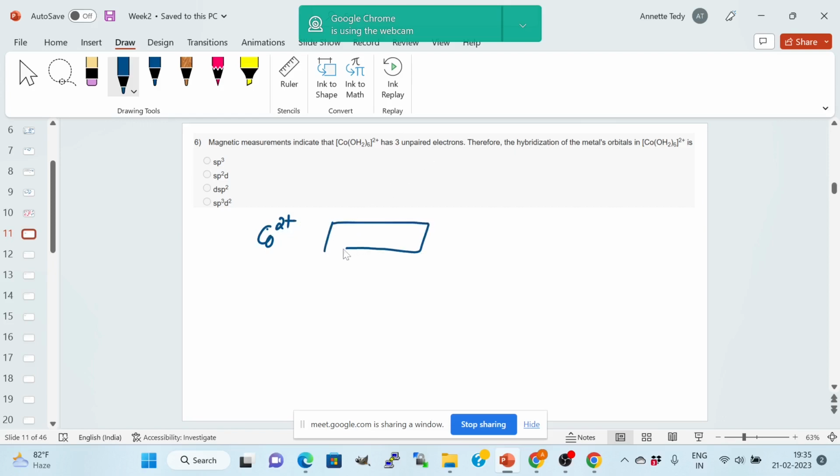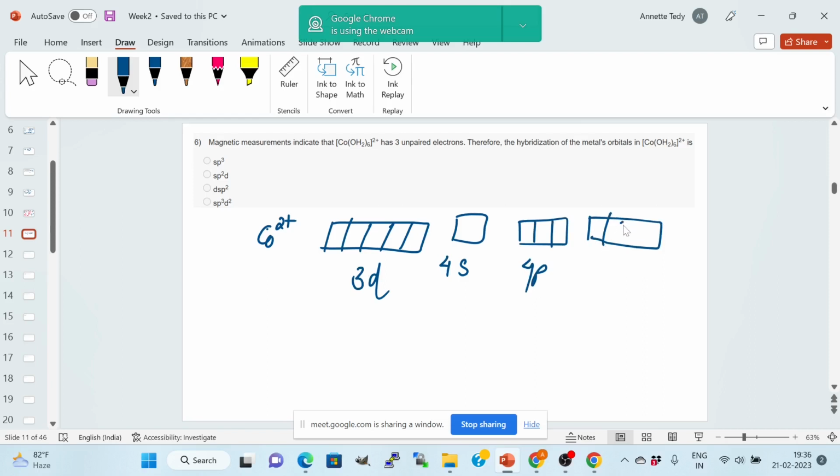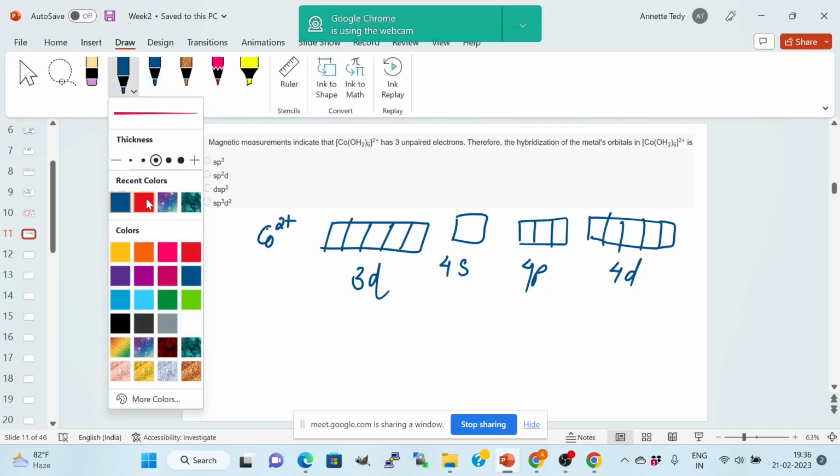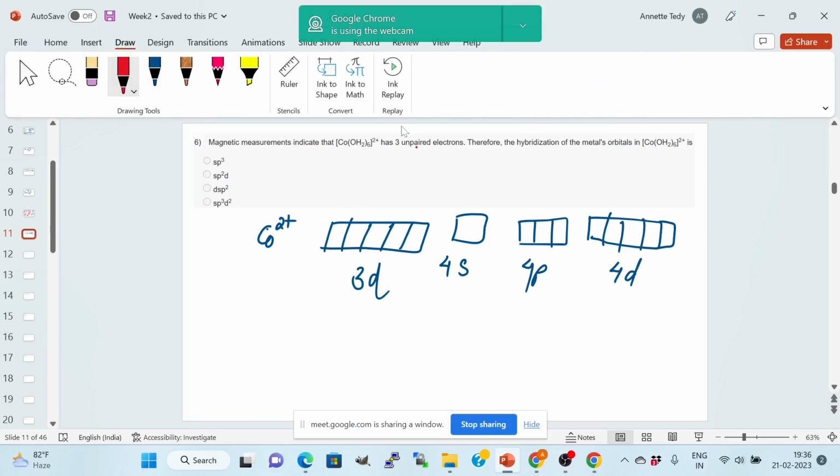I'll just draw the d orbitals, then the outer s, then the outer p. So this is 3d, 4s, 4p, 4d.